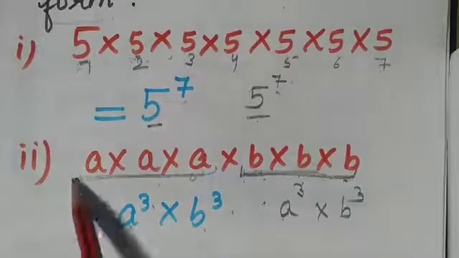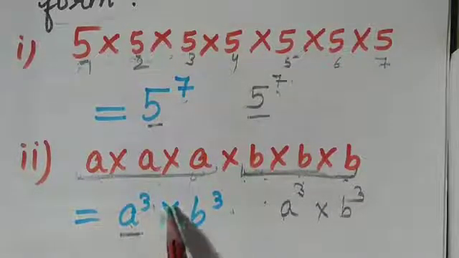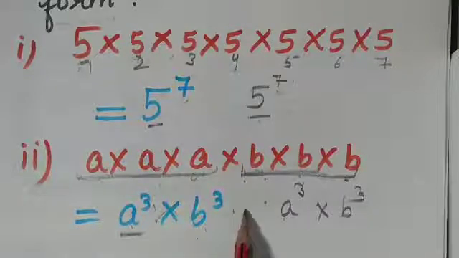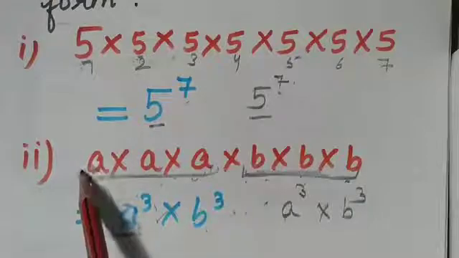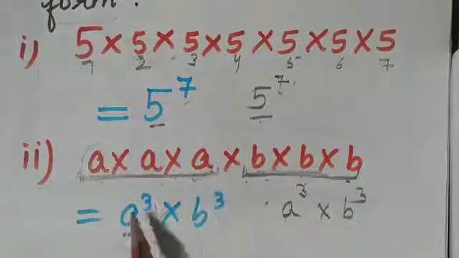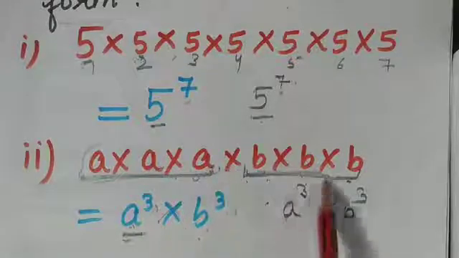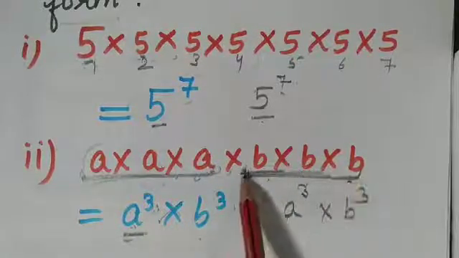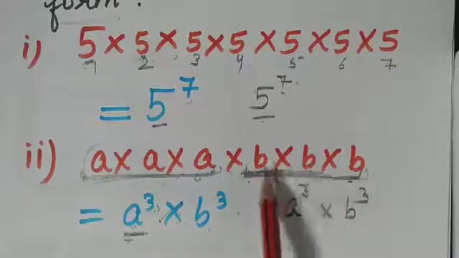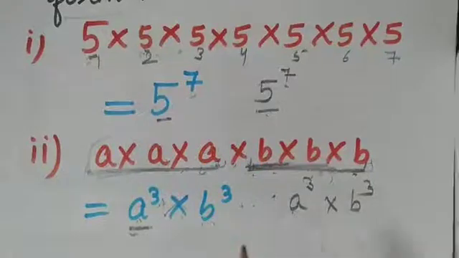Again I am telling you how you will read this number. A raised to power 3 multiplied by B raised to power 3, because here A is multiplied 3 times, so this can be written as A raised to power 3, multiplied by B into B into B. Here B is multiplied 3 times, so this can be written as B raised to power 3.